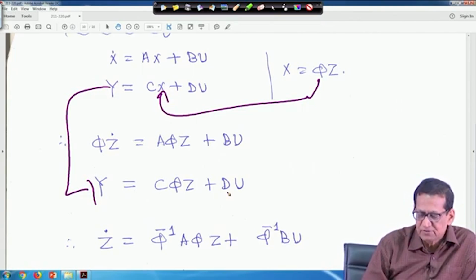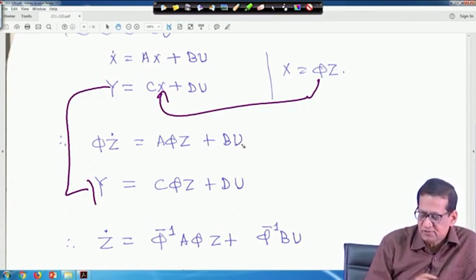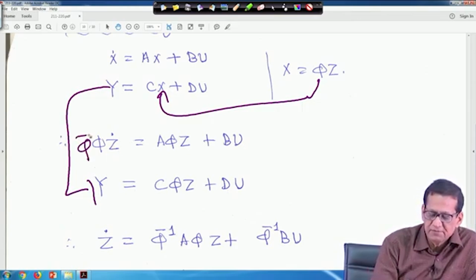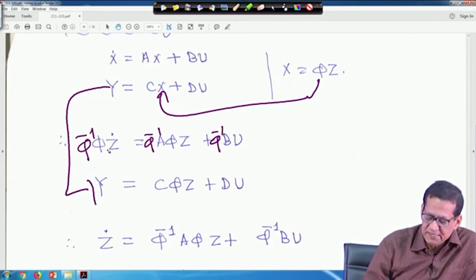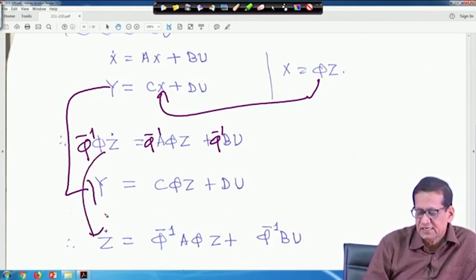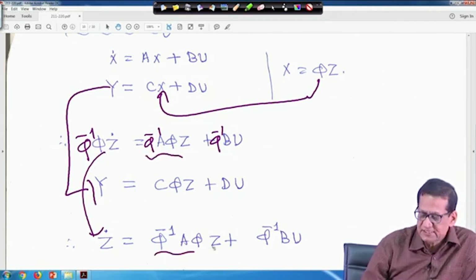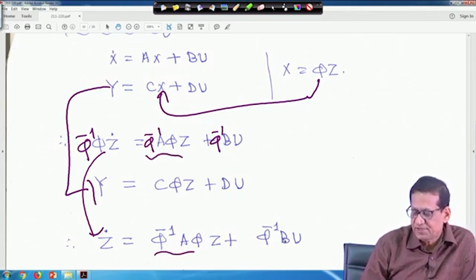Therefore, you multiply both sides of this equation by phi inverse. Phi inverse phi is the identity matrix. So, this side will be z dot is equal to phi inverse A phi z plus phi inverse B u.